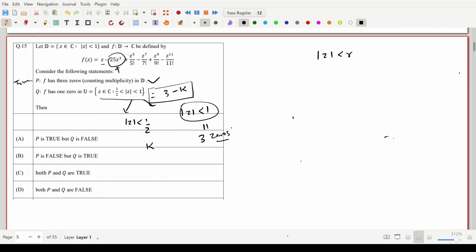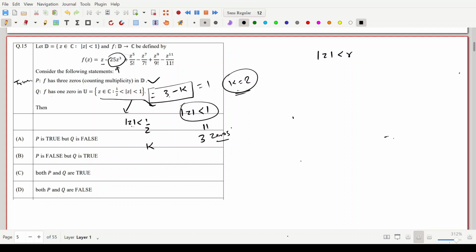Now look at the statement Q. It says that f has 1 zero. 1 zero, that means this 3 minus k should be 1. That means what is the value of k? k should be 2. Yes or no? That means k should be 2. That means for mod z less than half, the number of zeros should be 2.